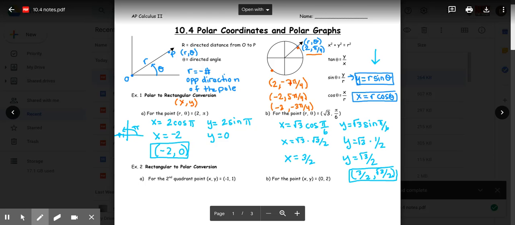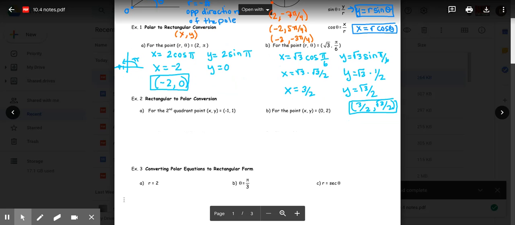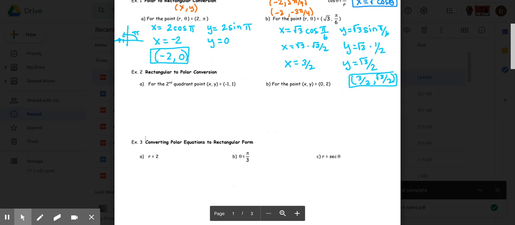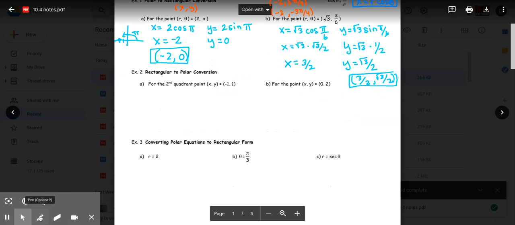Okay. All right, moving this down. So we want to go the other way now, rectangular to polar. So just know that x squared plus y squared equals r squared.